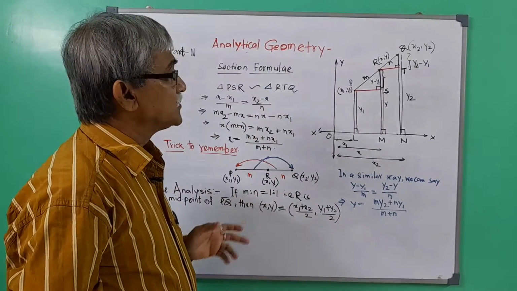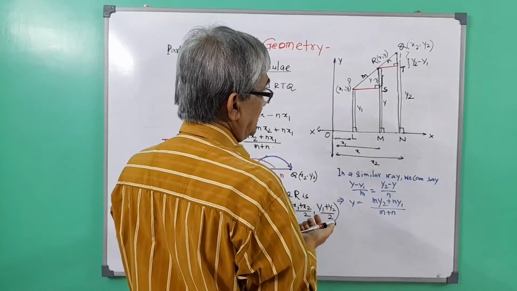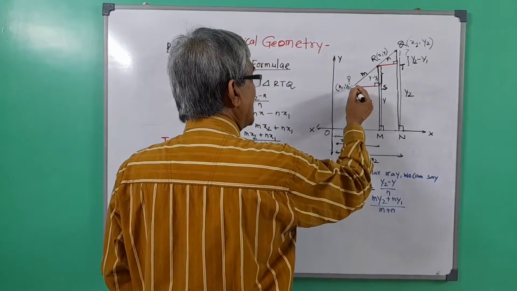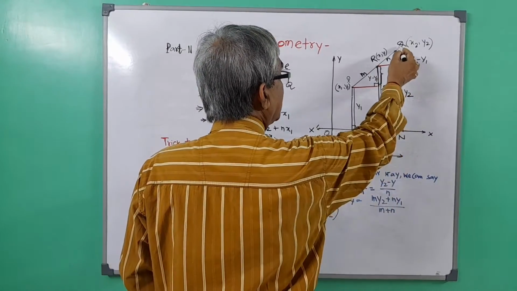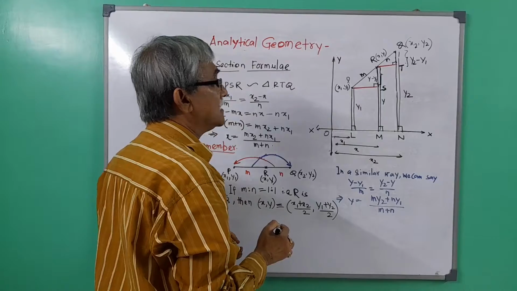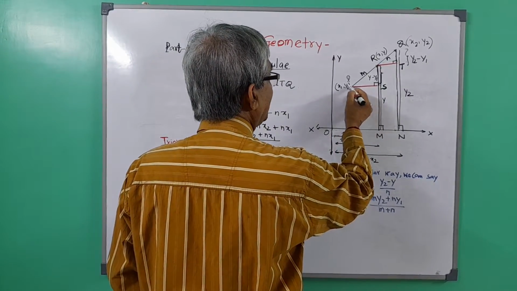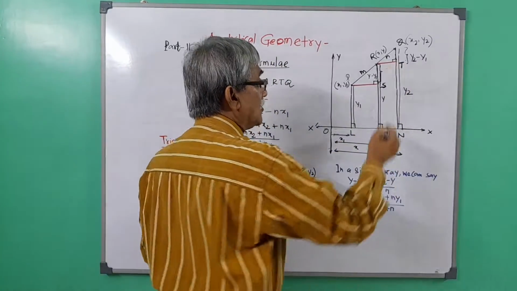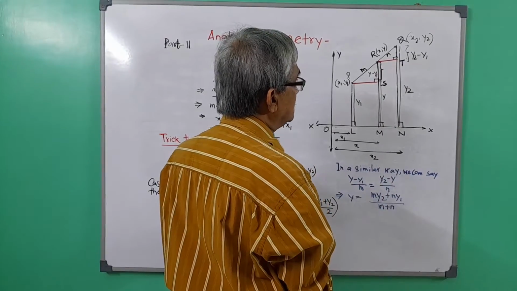First of all, you drop 3 perpendiculars: PL from P, RM from R, and QN from Q. Then you drop another 2 perpendiculars: PS on RM, and from R it is RT on QN.